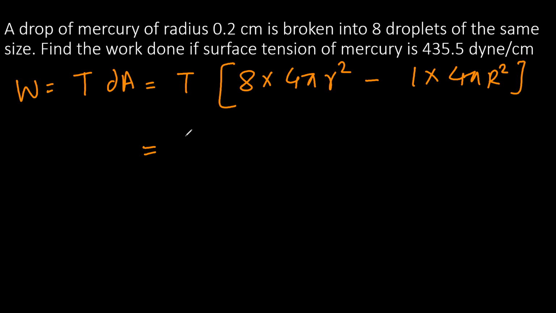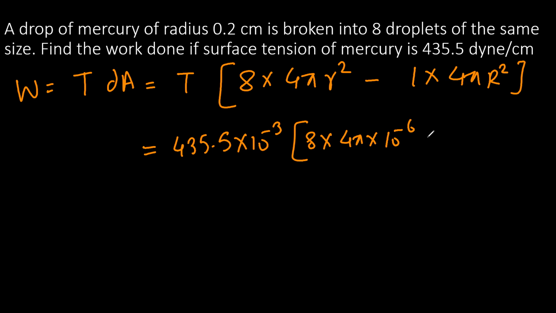So we know what T is: 435.5 into 10 raised to minus 3. Okay. So if I do 8 minus 1, there is r square also here. So let's put the value. So 4 pi into r square, where r square is 10 raised to minus 6, minus 4 pi into R square, where R square is 2 into 10 raised to minus 3 squared, which will become 4 into 10 raised to minus 6.